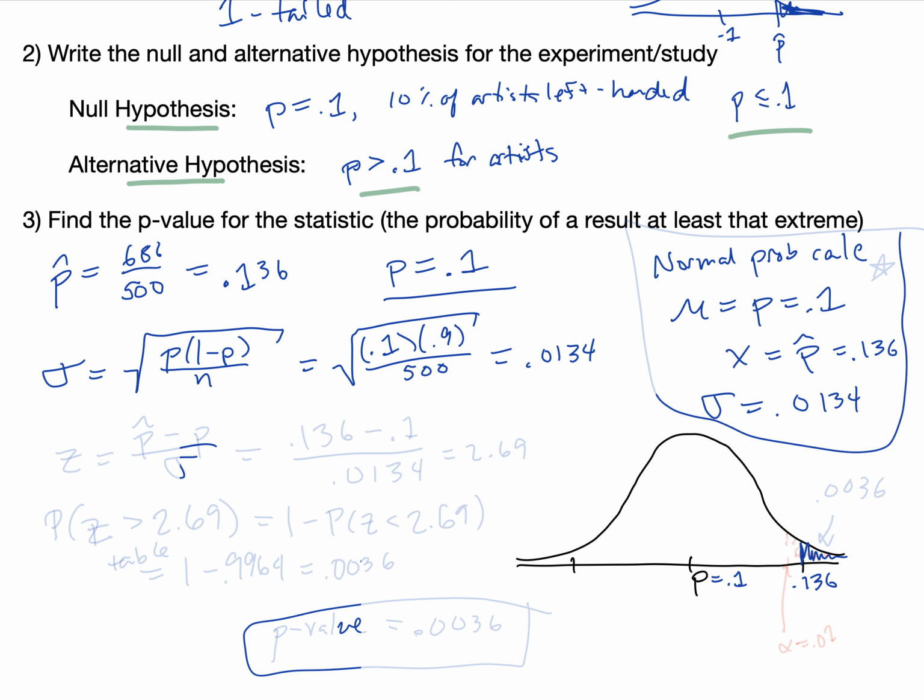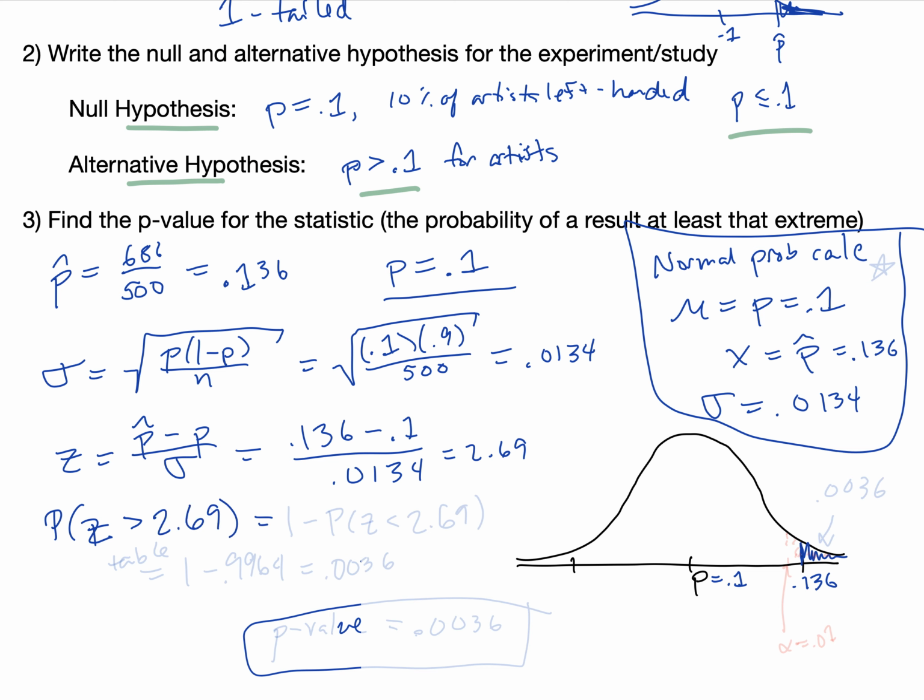You could do this using technology at this point with those values, or you can use the z-score and the standard normal table. z would then be the data value minus the mean for the distribution divided by the standard deviation. Here that is 0.136 minus 0.1 divided by 0.0134, and when you calculate that out, you'll get a z-score of 2.69.